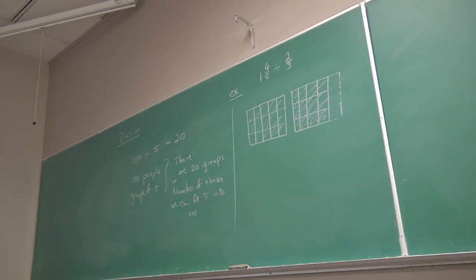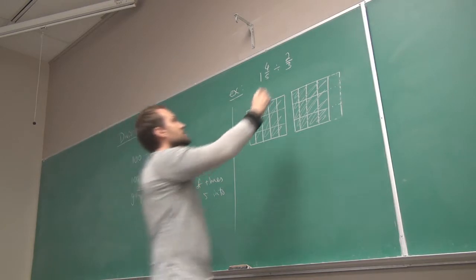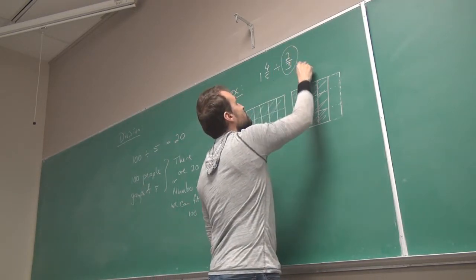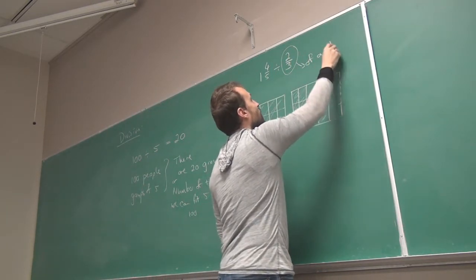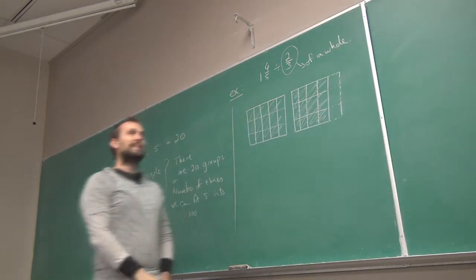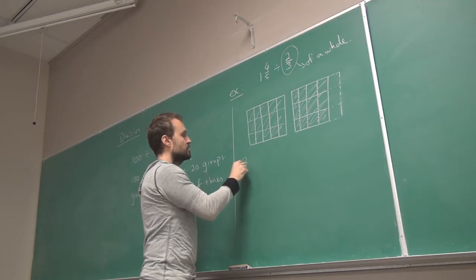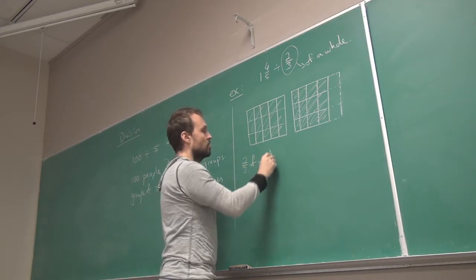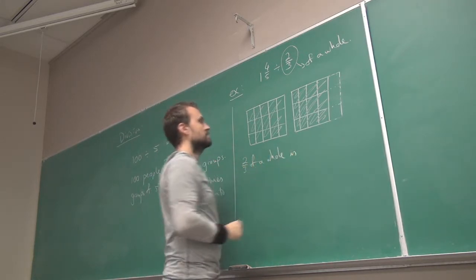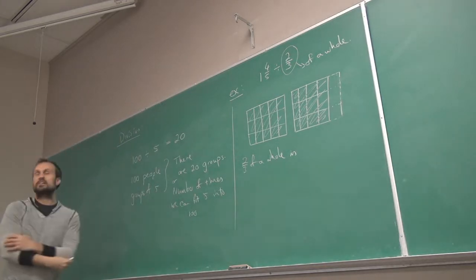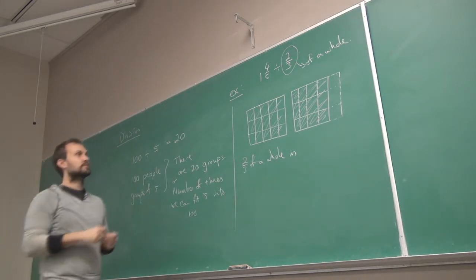Now, 2/3 of a whole. 2/3 of a whole. How many would that be? 2/3 of a whole is how many of those little guys, those little squares?